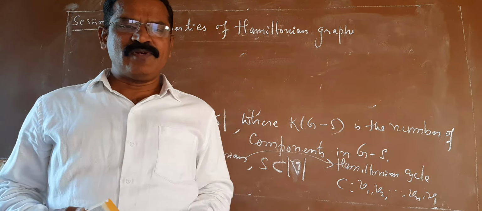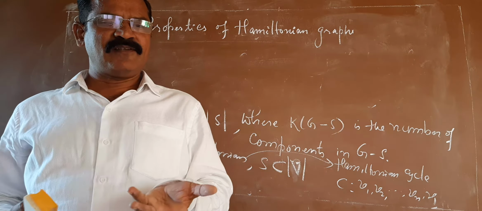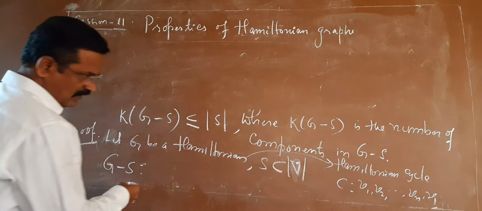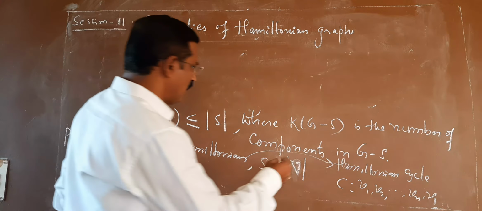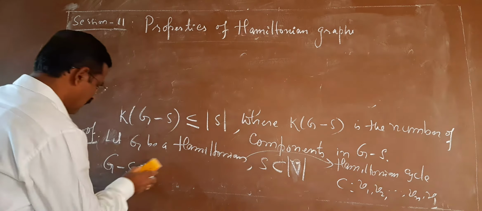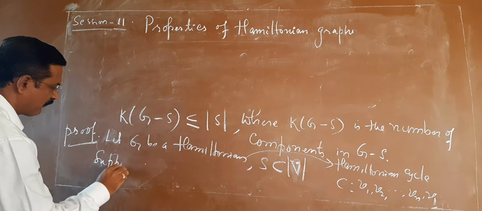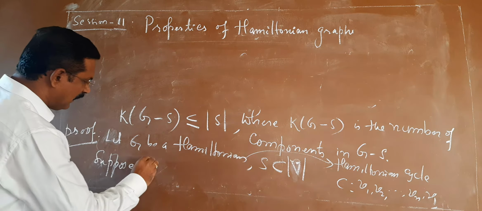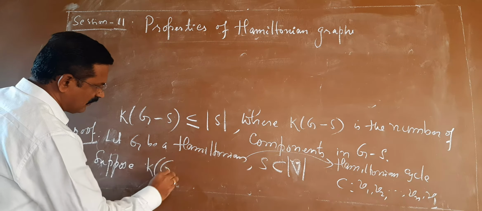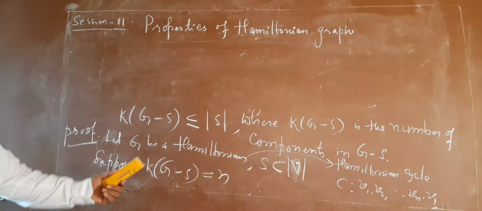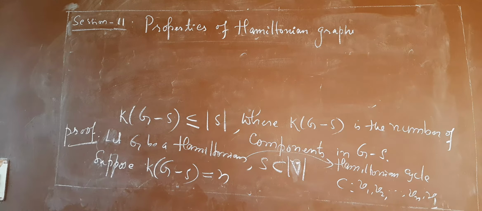Let S be a proper subset of the vertex set of G, and suppose the number of components in the graph G minus S is equal to n.